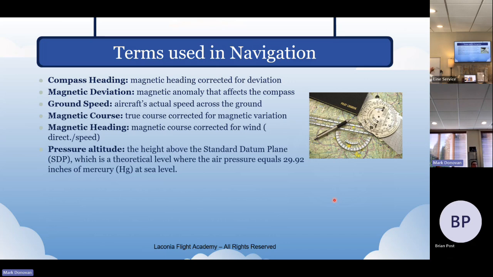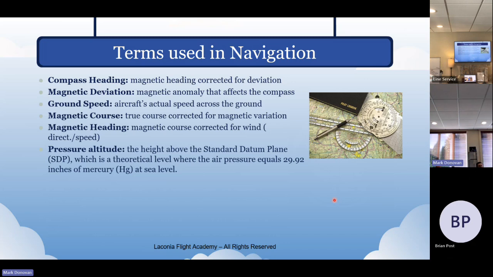At sea level, it's considered a standard datum plane or standard atmosphere when the barometric pressure reads 29.92 inches and temperature reads 15 degrees Celsius or 59 degrees Fahrenheit.